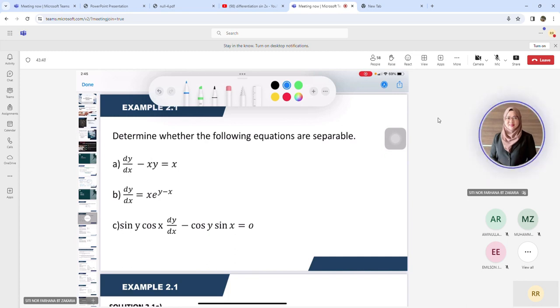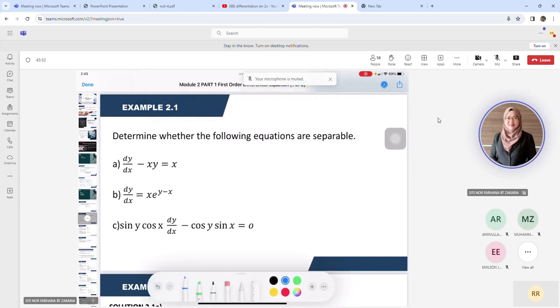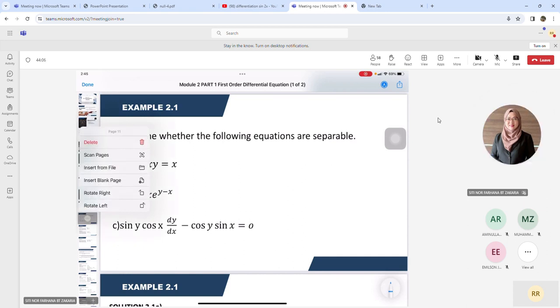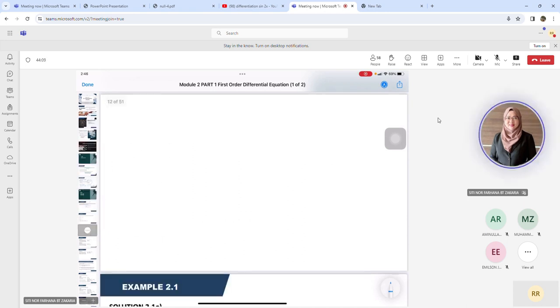Okay. For example, 2.1a, how to identify either this is separable or not. Okay, so the equation given is dy over dx minus xy equals to x.